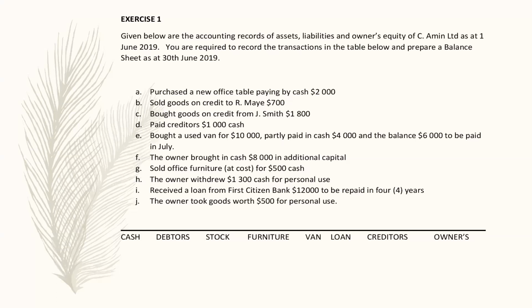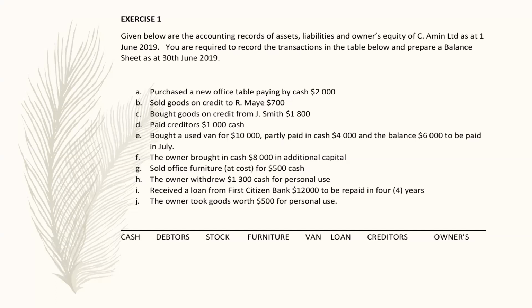Now, if you purchase a new office table, that obviously will go under office furniture and cash. If you're able to recognize that they're speaking about the purchase of a new office table, which is office furniture, and they paid by cash, you came up with your two components.